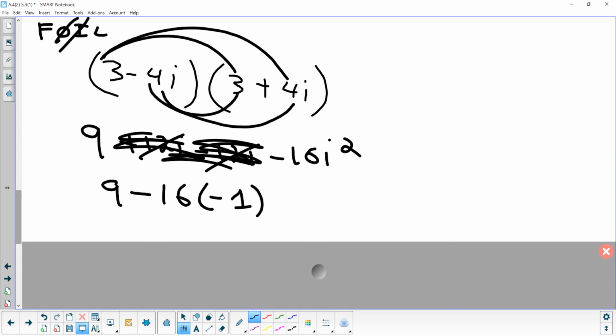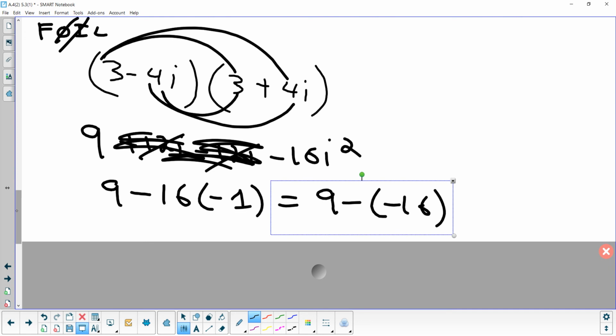Well, 16 times negative 1 is negative 16. I just multiplied 16 times negative 1, put the answer right there. What's 9 minus 16? Yeah. 25. And that's what I said the answer was going to be right away.